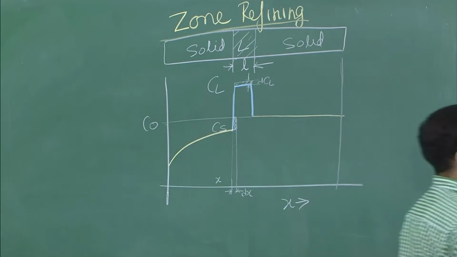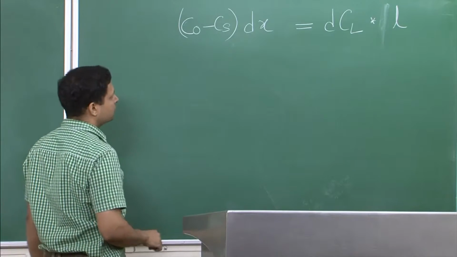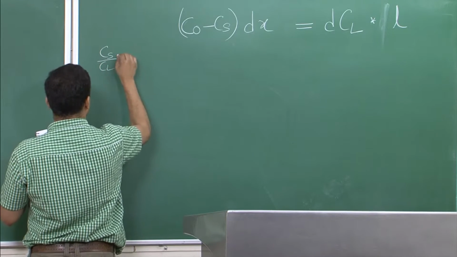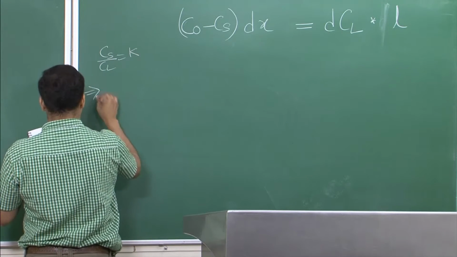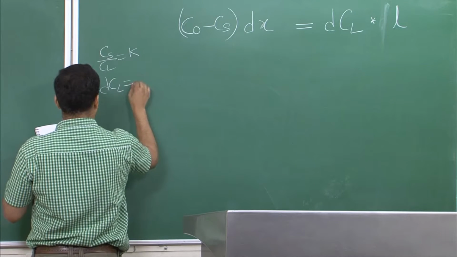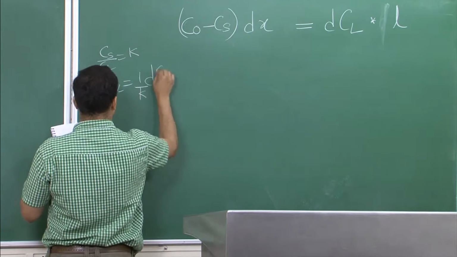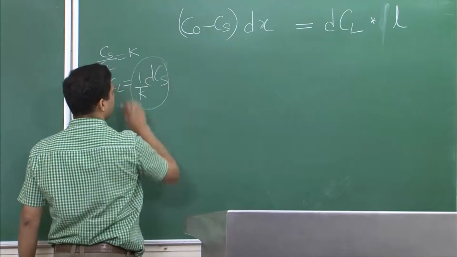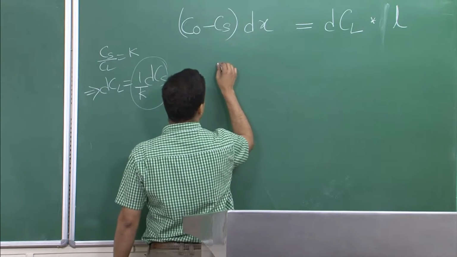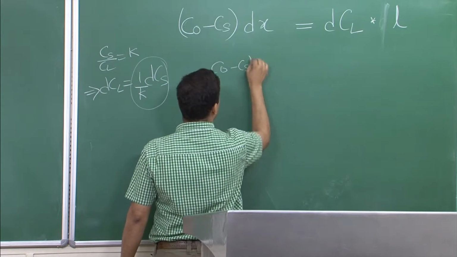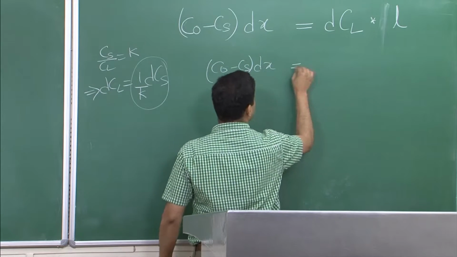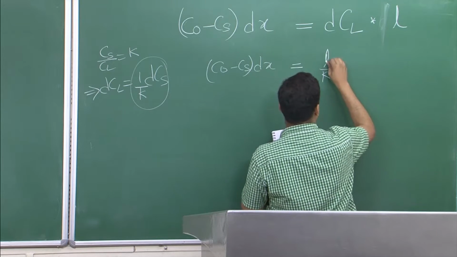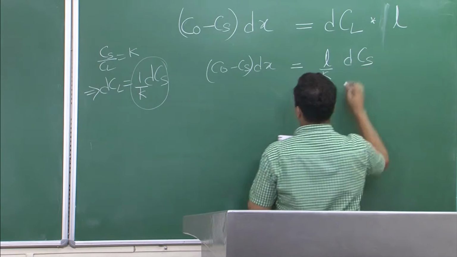Now we have an equation over here, and we will also invoke the relation that Cs by Cl is equal to K, which implies dCl is equal to 1 over K dCs, and we will replace dCl by this quantity. So we will have an equation like this, or we can make it L over K dCs.